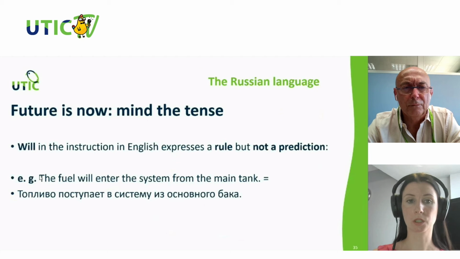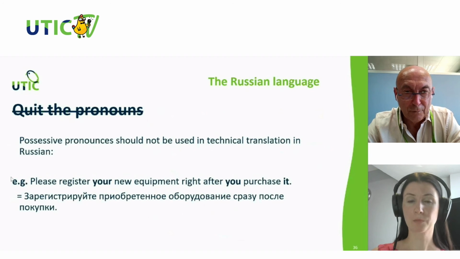Another grammatical point which makes the difference between English and Russian is the usage of the future tense. In English, the present tense is used in some cases where Russian uses the future, and "will" can be used for other purposes.